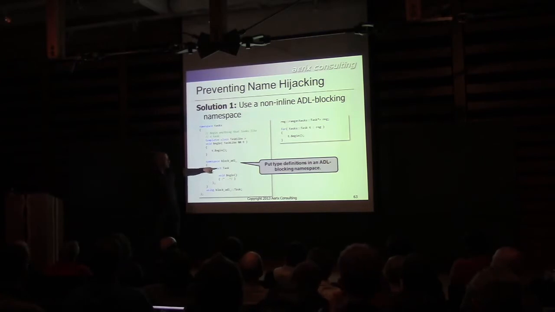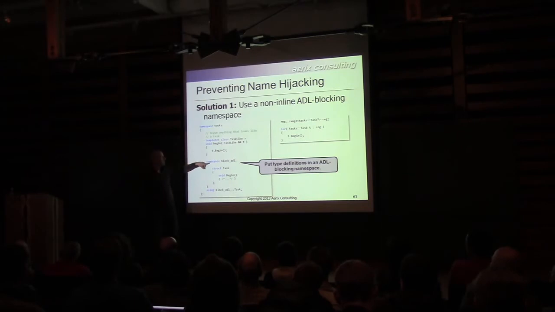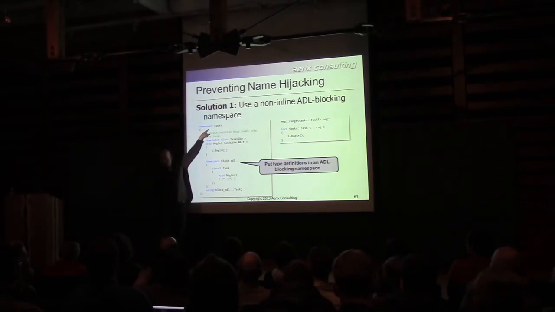The associated namespace of task is the ADL blocking namespace. It's just this one namespace. It is not this namespace. However, if this were an inline namespace, correct me if I'm wrong, then it changes the equation, and task would have the inline namespace, the ADL blocking namespace, and the tasks namespace.